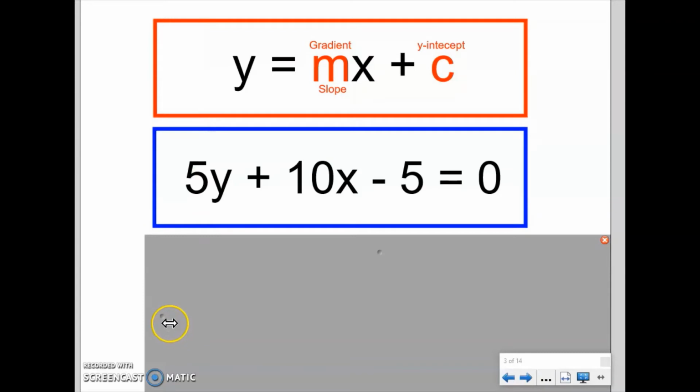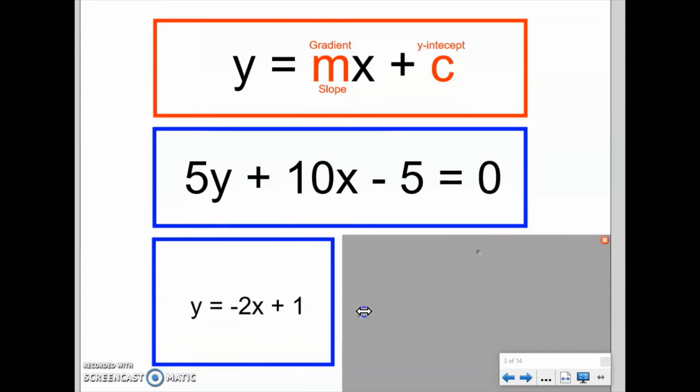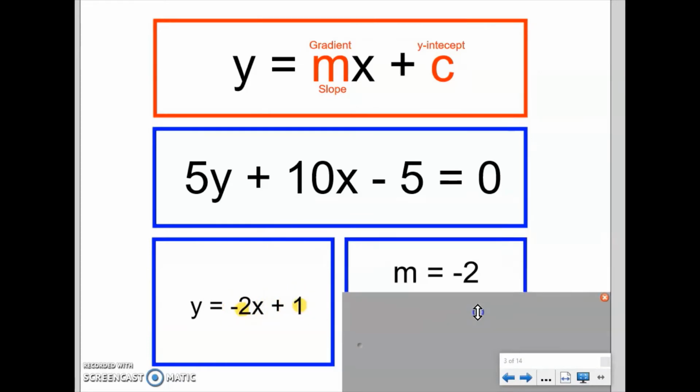So once I do that manipulation, I'll be left with this, which now is in the correct form. y equals mx plus c, when m, my gradient, is minus 2, and c, my y-intercept, is positive 1.